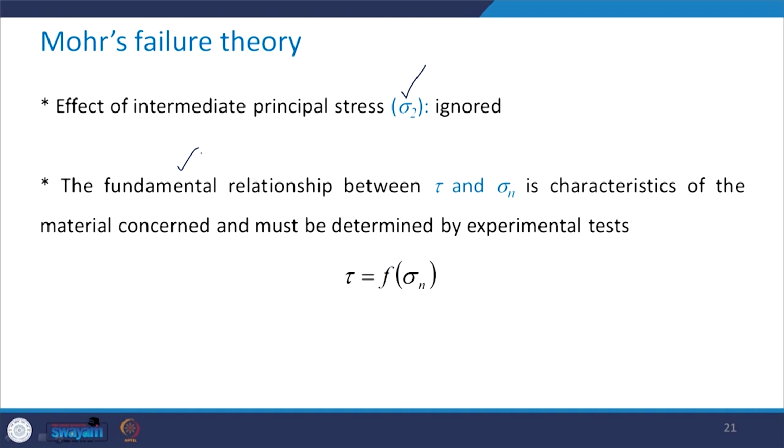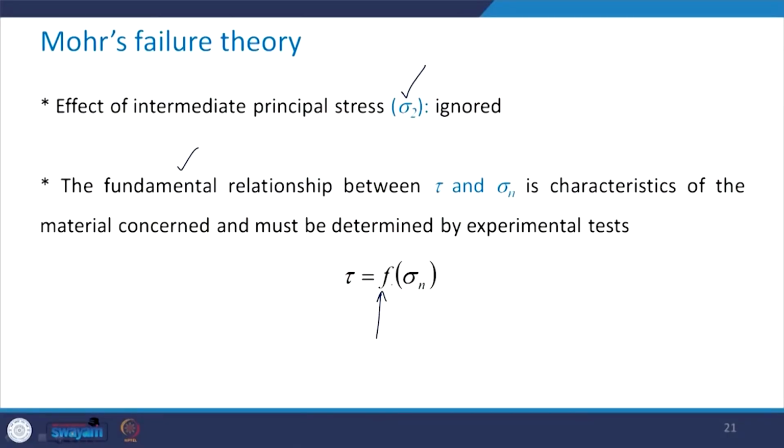So, say we conduct the triaxial test in the lab, and then we plot the relationship between tau and sigma n, and see what kind of relationship that experimental data is honoring. That is going to define this function f.